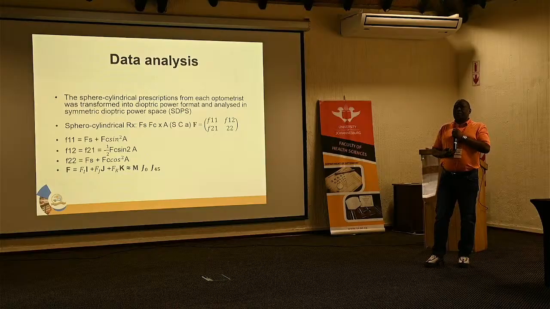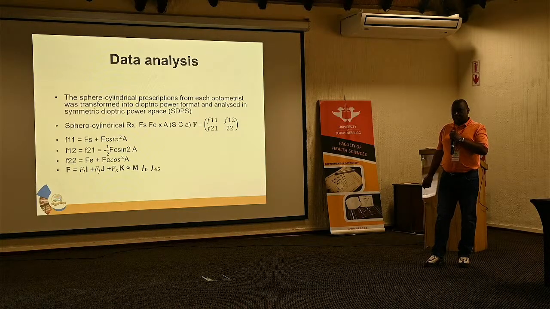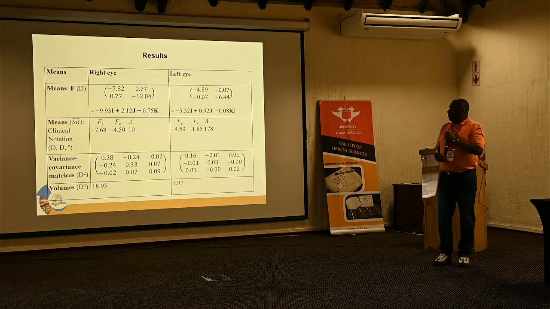In the 80s, some papers tried to find the variation of the refractive error, but they were using the nearest equivalent sphere. So here we are trying to take account of everything that's in there.